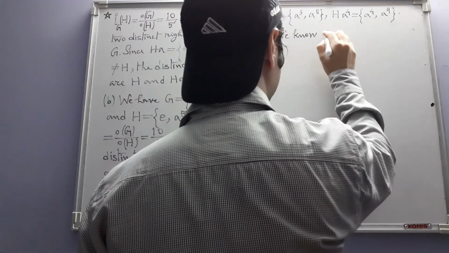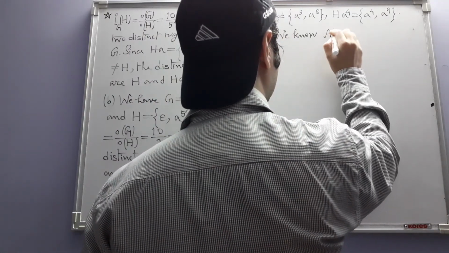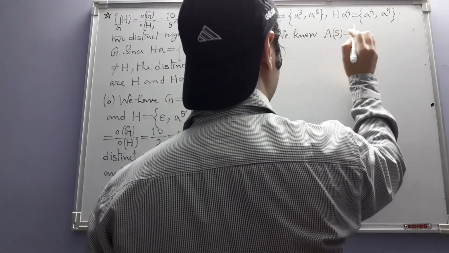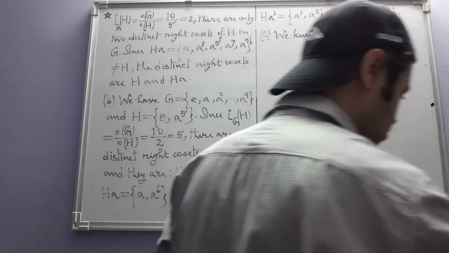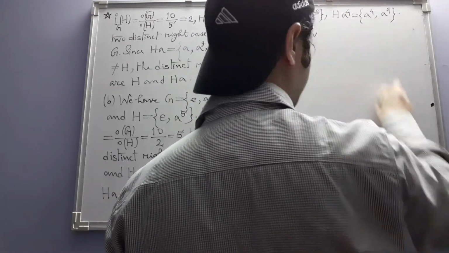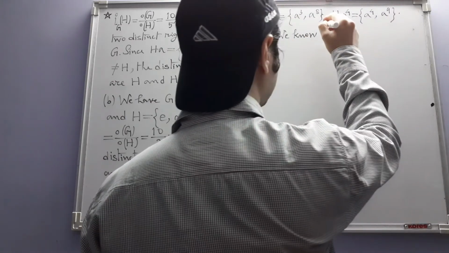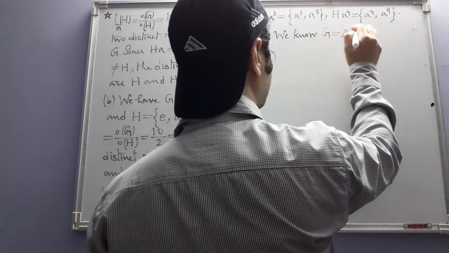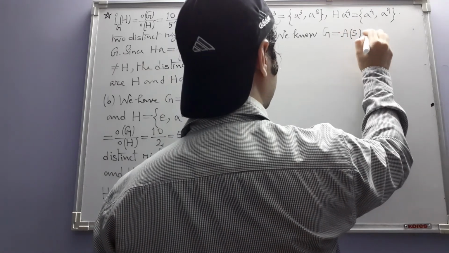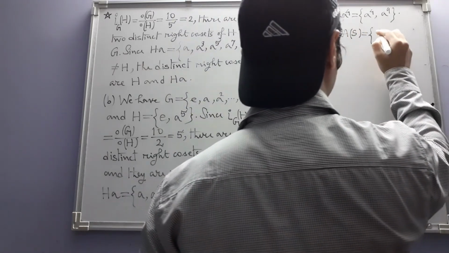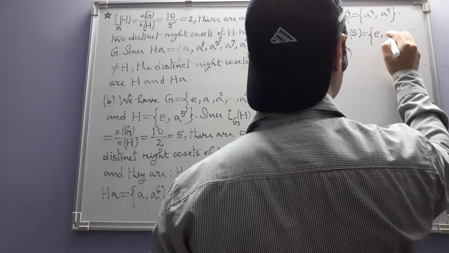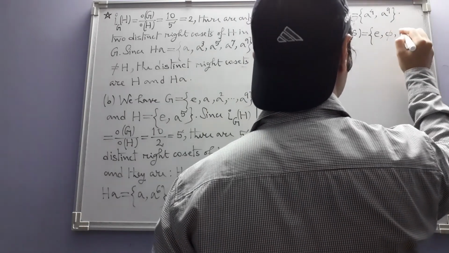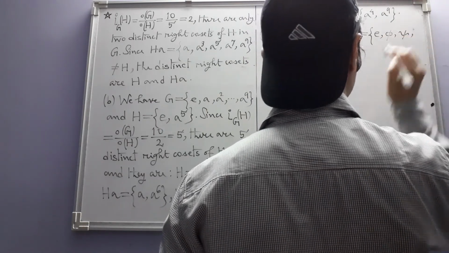We know that in this case, since we are denoting things by G, which in this case is A of S, we know its elements to be this: the mapping phi, the mapping psi.